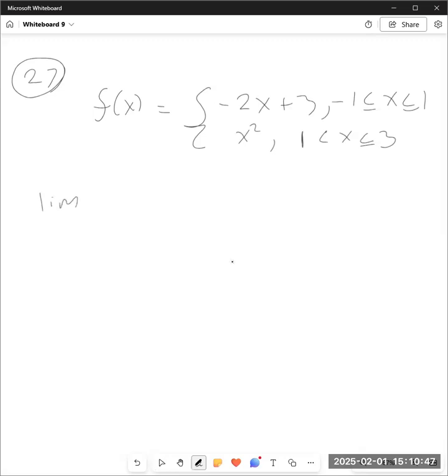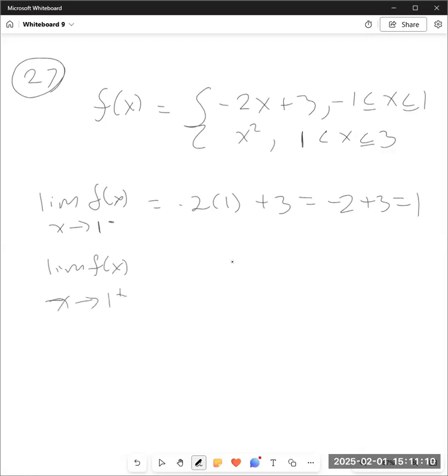So the limit of f of x as x approaches 1 from the left, this left-hand limit, is equal to -2 times 1 plus 3, which is -2 plus 3, which is 1. The limit of f of x as x approaches 1 from the right, I'm coming from the right-hand side here, I'm going to stick 1 into the bottom piece. 1 squared is 1.